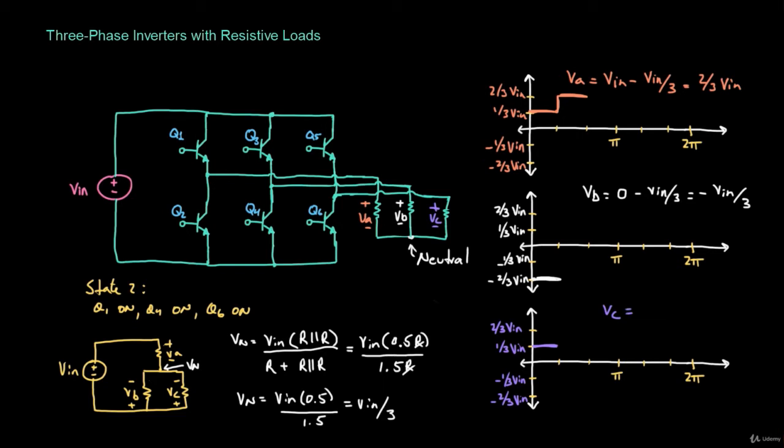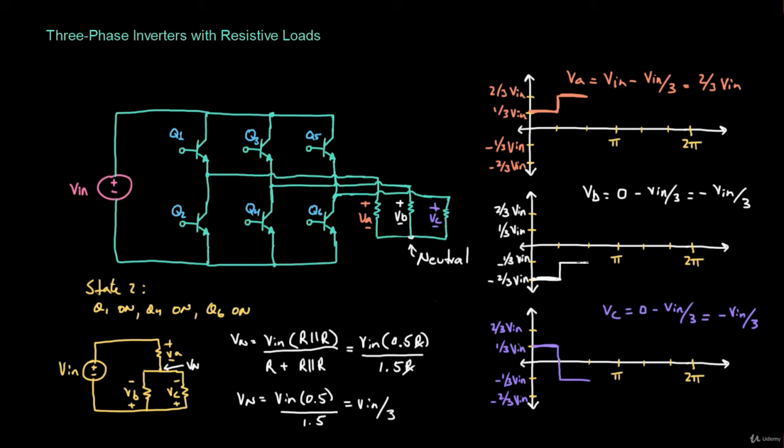VC is going to be just like VB, 0 minus the neutral, which is Vn over 3. So this is going to be equal to minus Vn over 3. Then VC would look like this, goes down to minus Vn over 3. And then let's also draw VB. VB went from minus 2/3 Vn to minus 1/3 Vn.